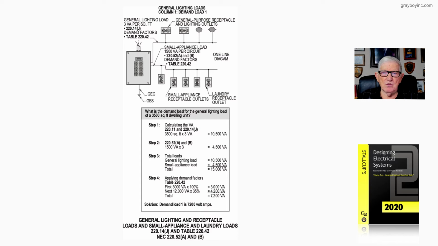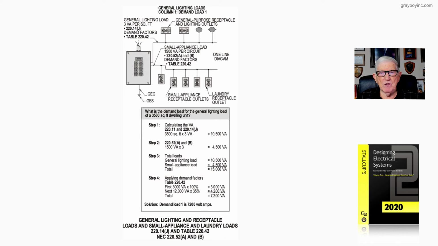It's just these 3 that the code requires 1,500 VA, or allows you just to use 1,500 VA in accordance with 220.52 A and B. So keep that in mind. Talk to the authority having jurisdiction if you feel like there's a problem.